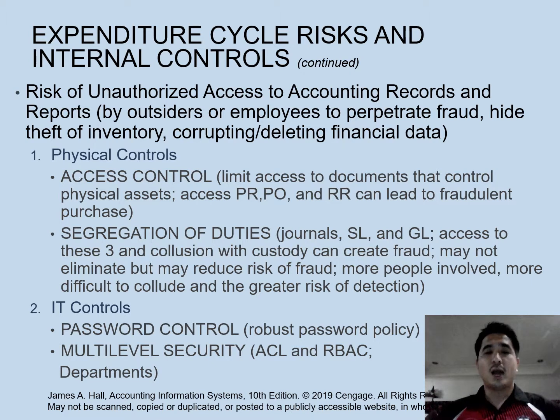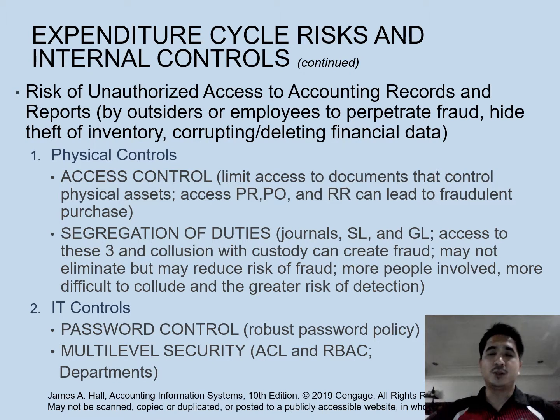As for the IT control, strong password control can assist on this one. For example, the password policy: the length, the complexity, the changing of passwords frequently. And as for the multi-level security, we've discussed this one, ACL, access control list.